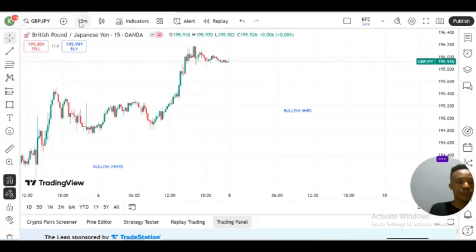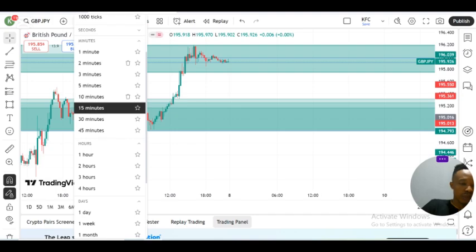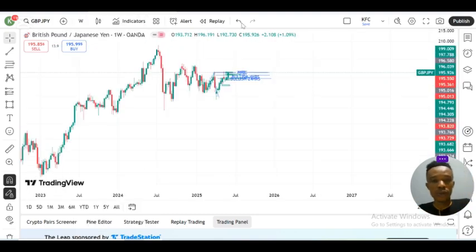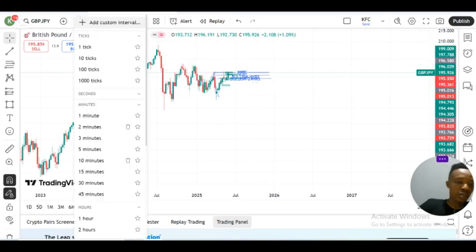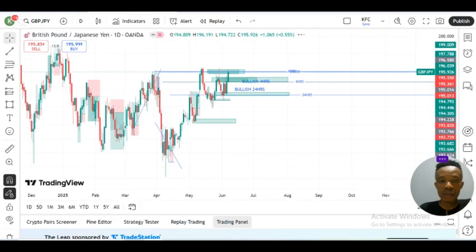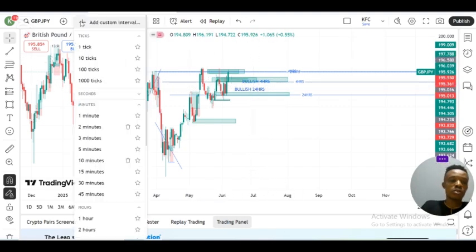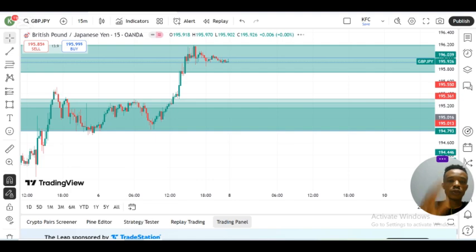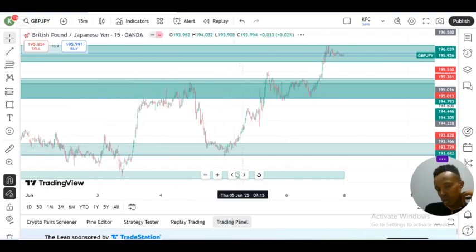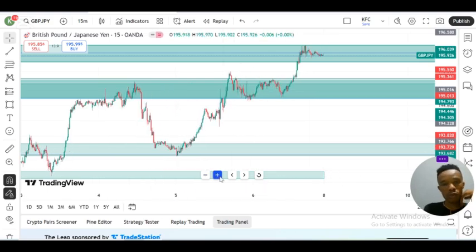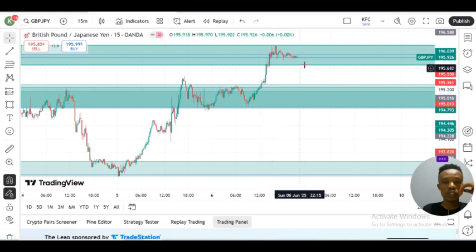So for the GJ, I've also done the top down. I went straight to the 1 week time frame and I found it bullish. I went straight again to the 24-hour time frame. I found it bullish, as you can see, so it's all bullish for me. So all the entries I'm going to find are bullish entries, both for the 4-hour and for the 24-hour. So I'm going bullish full time on GBP JPY.